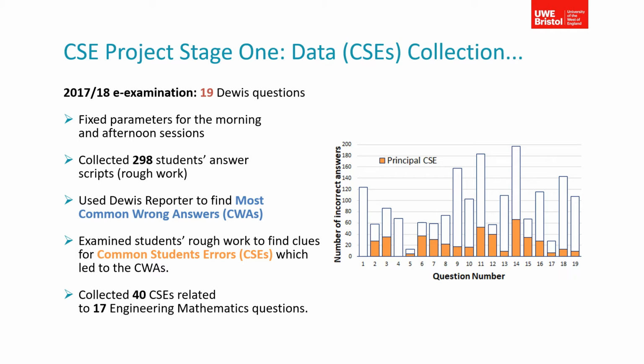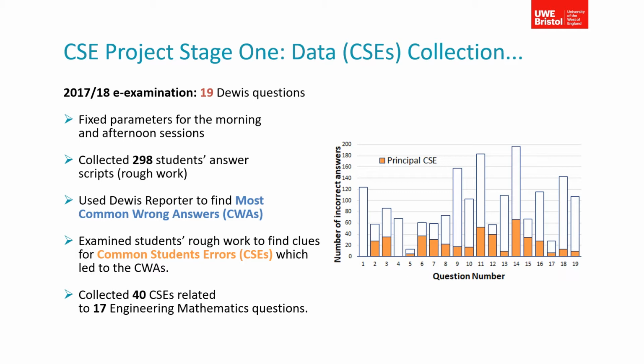After the exam, 298 students' rough work was collected. Then I used the Davis reporter to identify students who submitted the most common wrong answers. Then I carefully examined the respective students' rough work to identify clues for any CSEs.